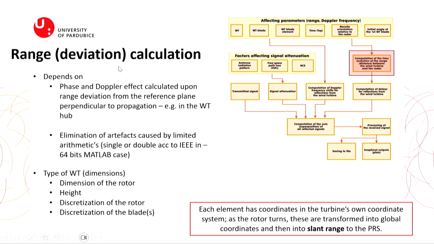Then there is range deviation calculation. Range, which determines phase and Doppler effect, is calculated upon range deviation from the reference plane, perpendicular to propagation. So it is like this. Of course, the elimination of this artifact is caused by limited arithmetic, because in MATLAB you don't have infinite precision.